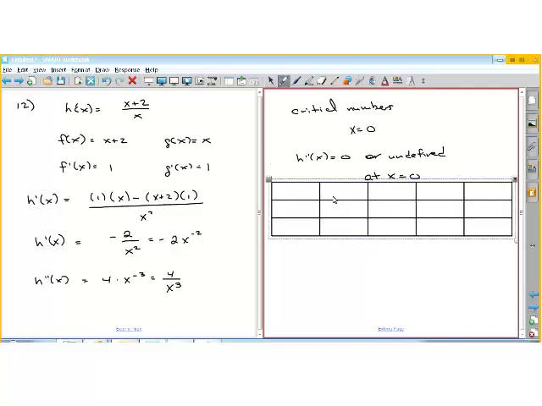So again, look at your book, and it says f of x is here, f prime of x is there, f double prime of x is there, and then we have comments. And in this case, we have the intervals, so the intervals go this direction. We go from negative infinity to 0, and from 0 to positive infinity.